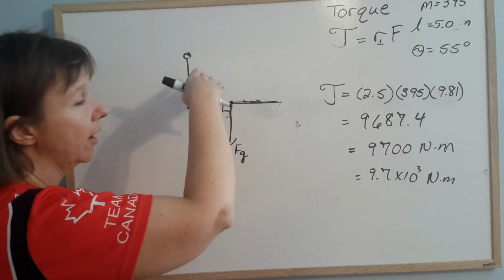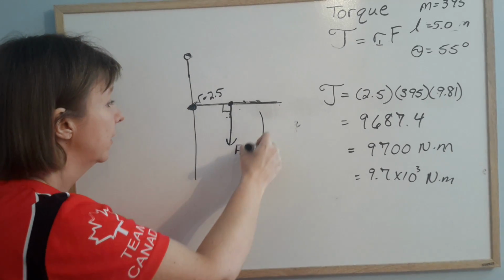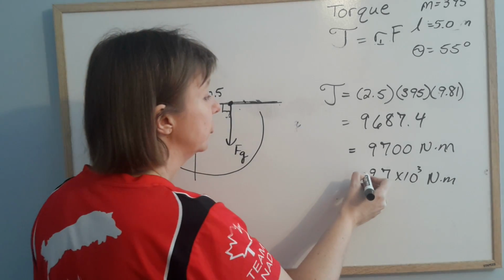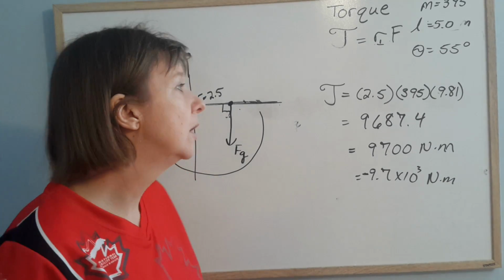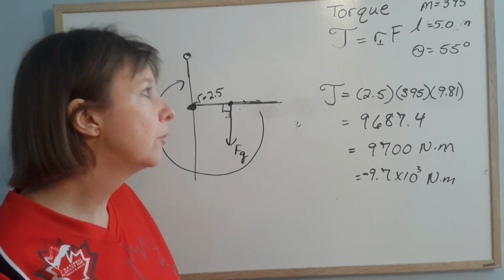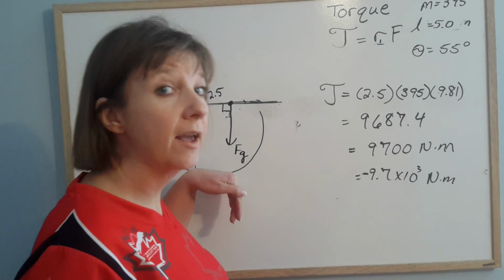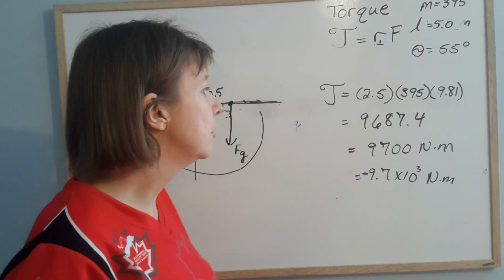And it would actually, if it kept going in a circle, it's going to go clockwise, which is negative. So I can just put the negative there if I need to. Otherwise, you need to be thinking about down would be considered a negative force and up would be considered a positive force. It's up to you.